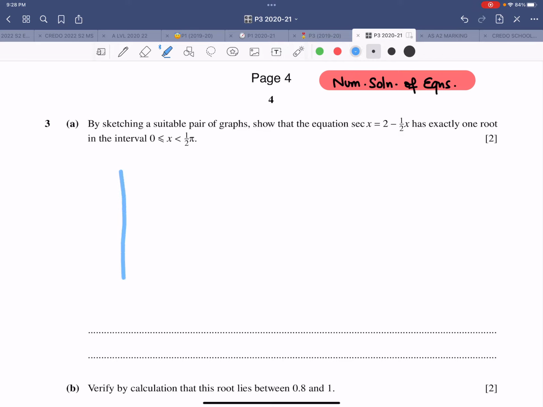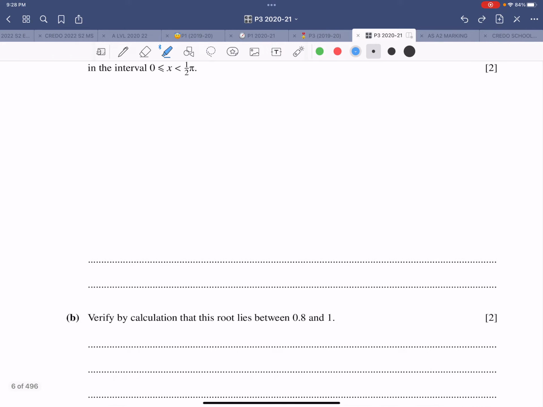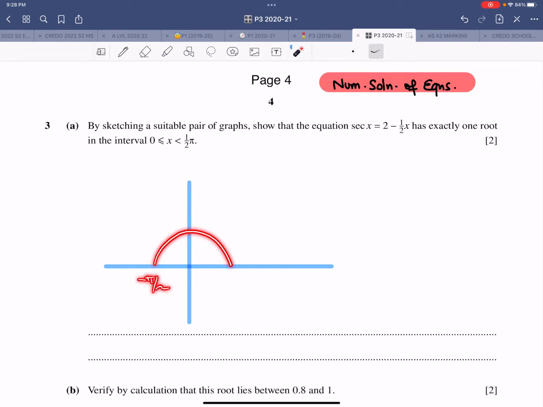So this is the x-axis. This is the y-axis. And 0 to 90, sec. Sec is the reciprocal of cosine. Now I'm just doing a rough idea. Cosine is like this, minus 90 to 90. So therefore sec is like this. So I got the idea.